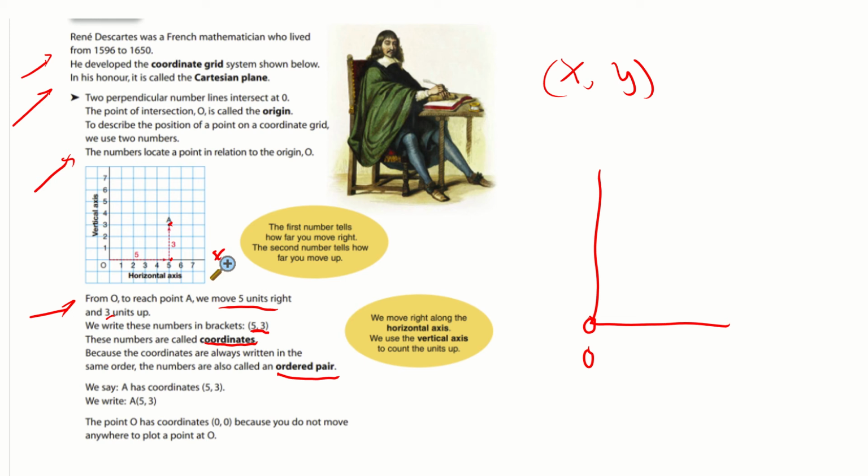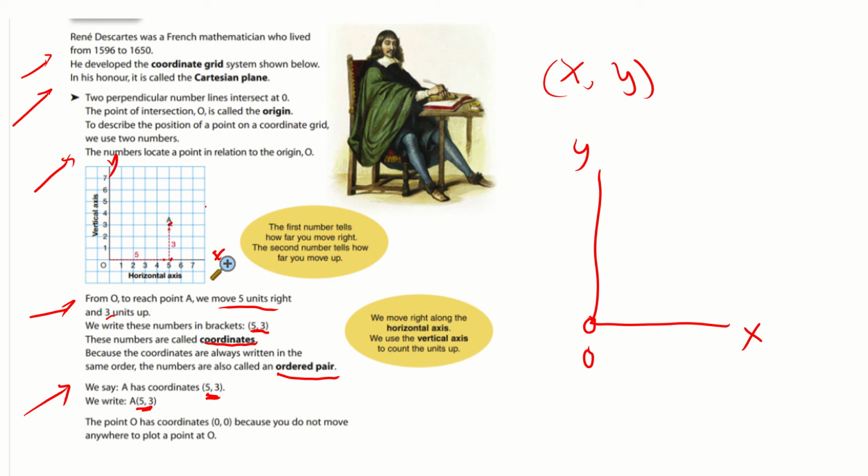I should have said that before. And that is the y. Also known as the horizontal axis and the vertical axis. So here we say A has the coordinates 5 and 3, and we write A (5, 3). The point O has coordinates 0 and 0.